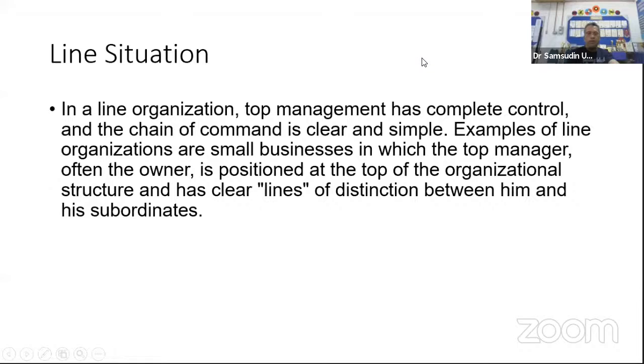So let's say in 1 day or 1 month, the agent must market this insurance to at least five customers. So this is a target.